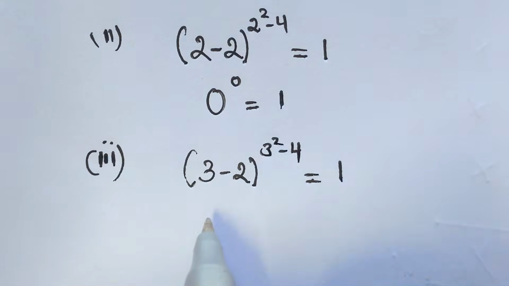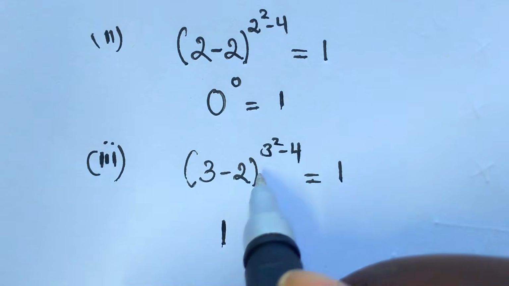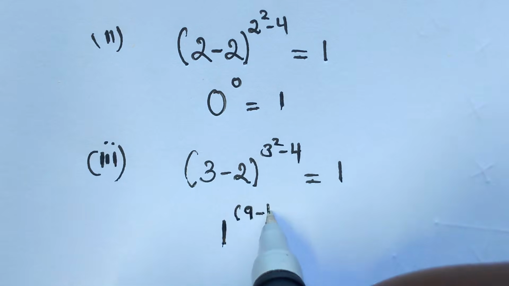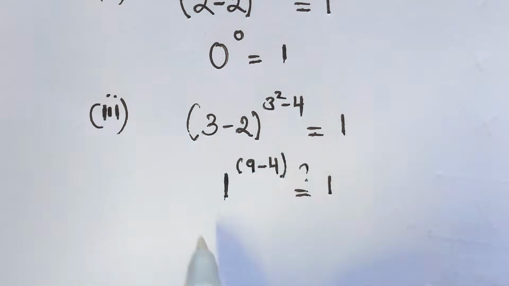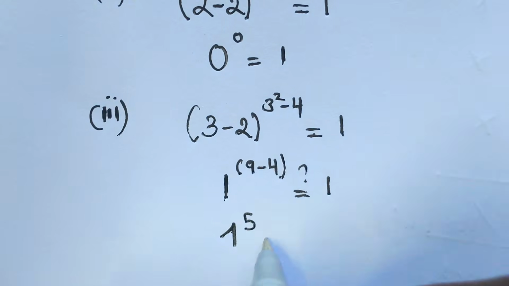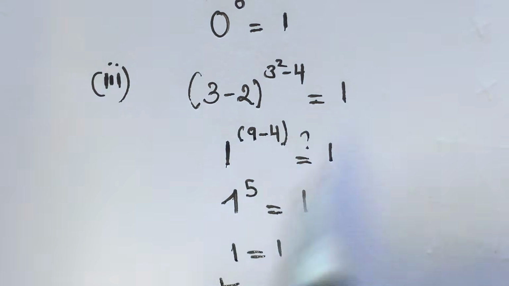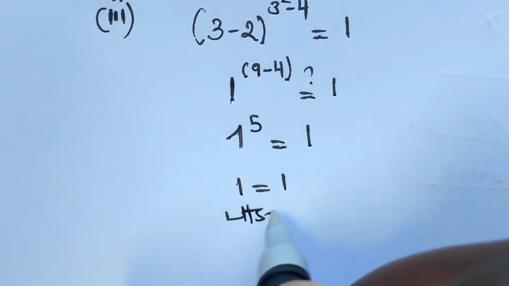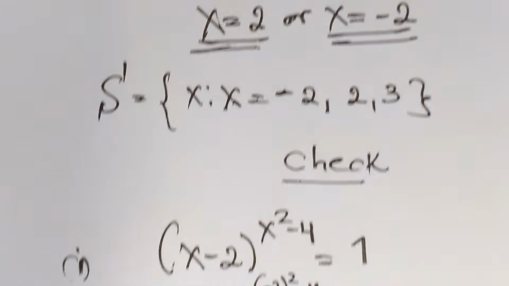Of course, 3 minus 2 is equal to 1, and here we have 9 minus 4 is 5, question mark. Of course, we have 1 power 5, which is equal to 1. Left hand side equals right hand side, which means that our answers are correct.